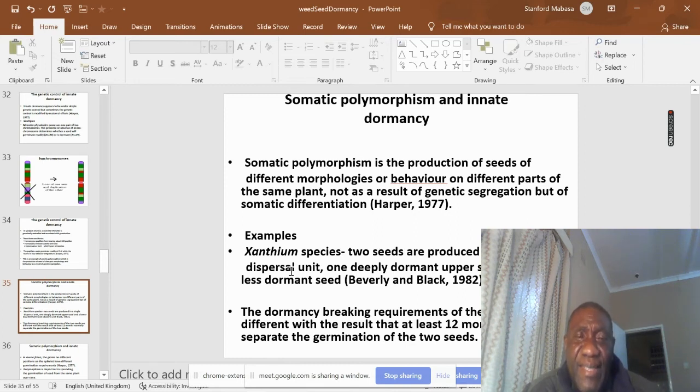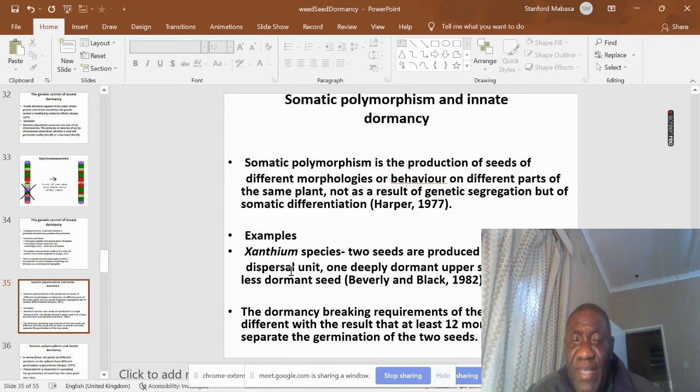We have got an example of Xanthium species. We also talked about it, where we have two seeds which are produced in a single dispersal unit. One deeply dormant, this is the upper seed, and the lower seed is less dormant. This was reported by Beverly and Blake in 1982.